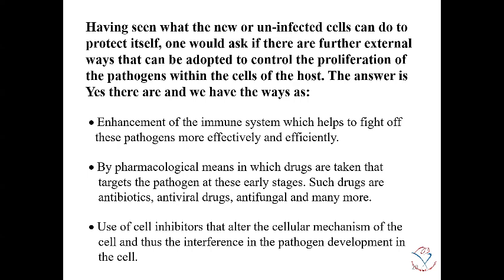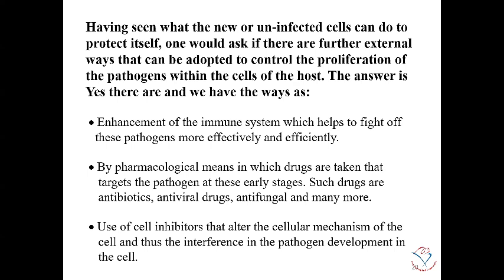The use of cell inhibitors that alter the cellular mechanism of the cell, and thus interfere with pathogen development in the cell. Usually, when a particular disease is entering, by the time it has entered, it recognizes the structure of the cell. But when we use some inhibitors that can change the cellular pattern of those cells, then the pathogen itself may be destroyed in the process because it will not find what it has recognized.